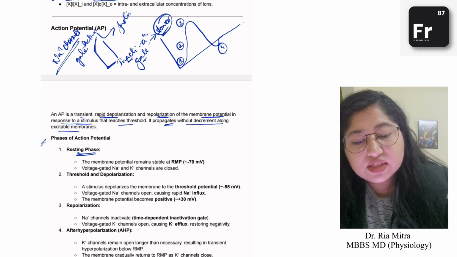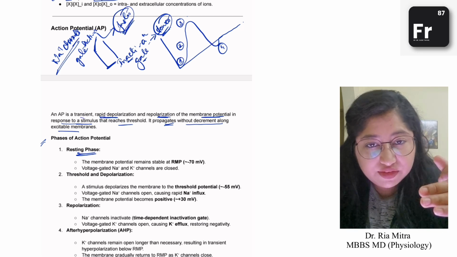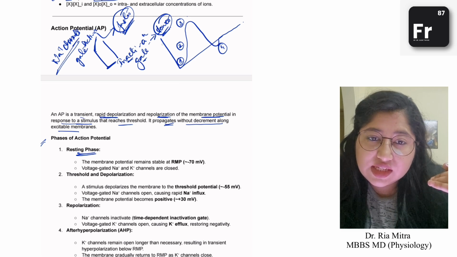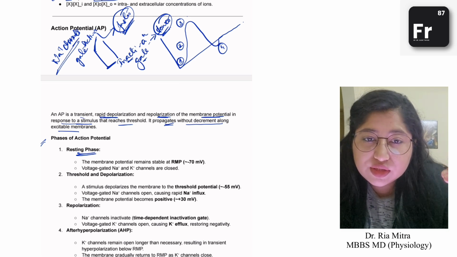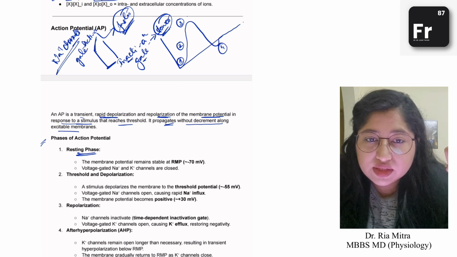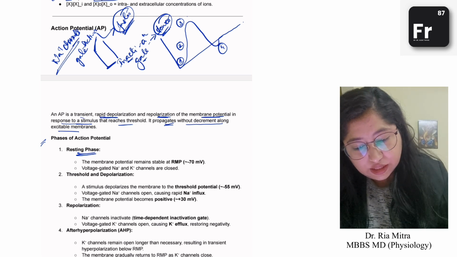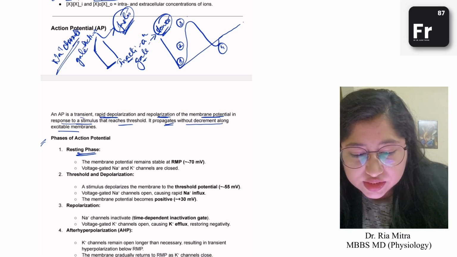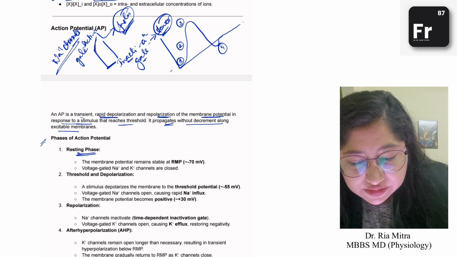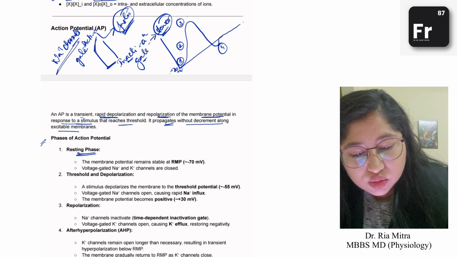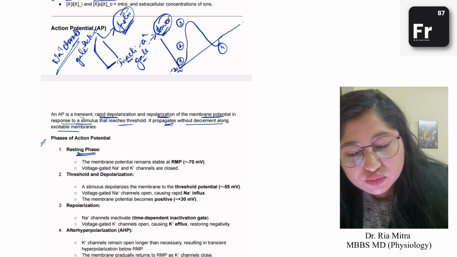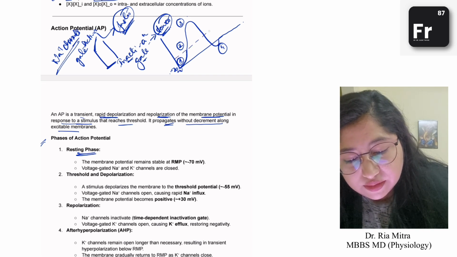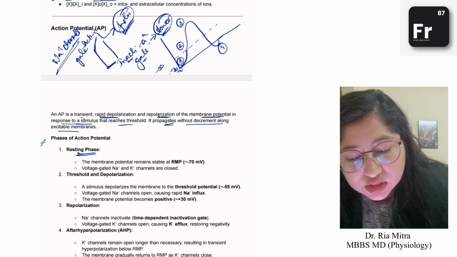So whenever there is appearance of a stimulus, the activation gates open quickly, while the inactivation gates begin to close much slower than the activation gates, because of which the resting membrane potential, which we know is approximately minus 70 millivolt, slowly moves towards the threshold. The threshold is approximately minus 55 millivolt.